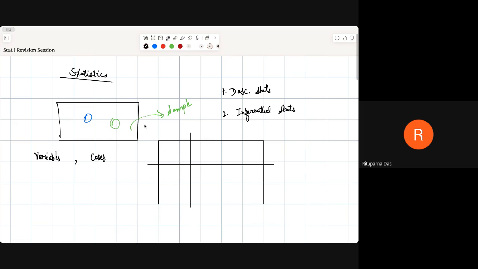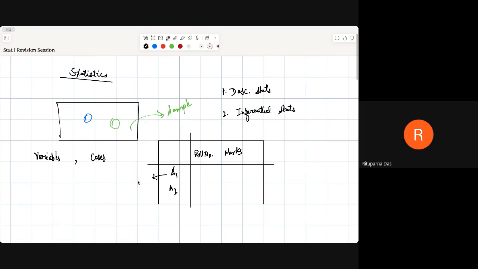For example, there is a table of student data. There will be the name of the student, say A1, A2. These are the names of students, and for each student, say we record roll number, marks. So these are the variables.